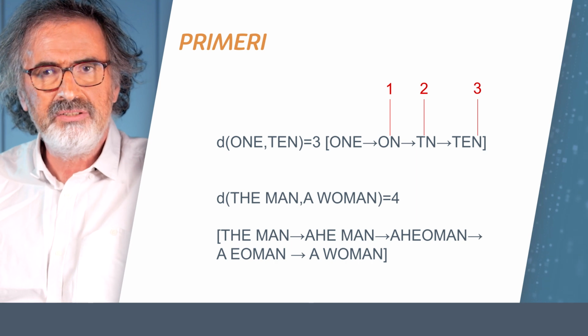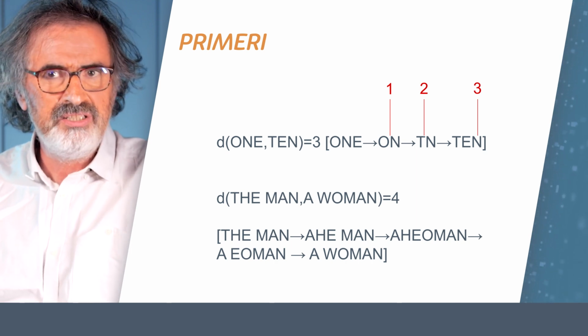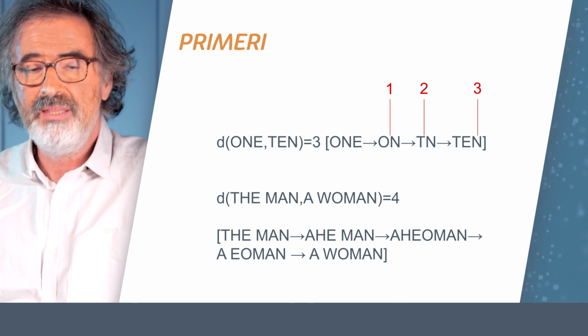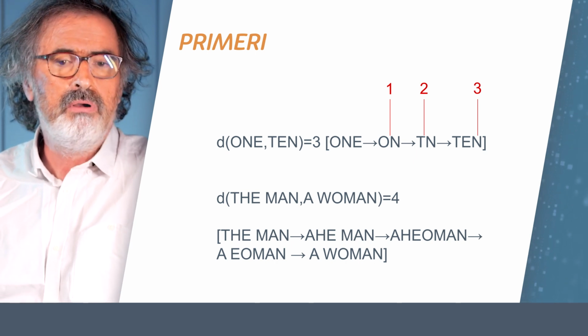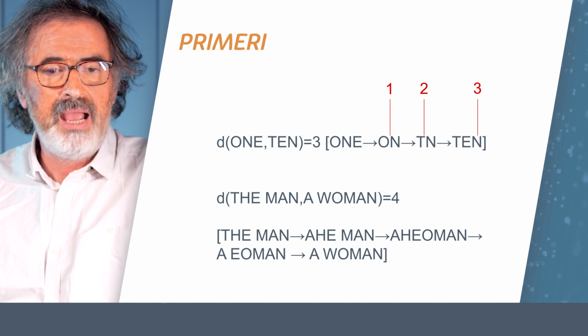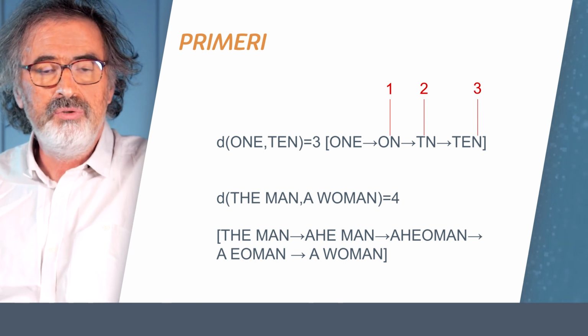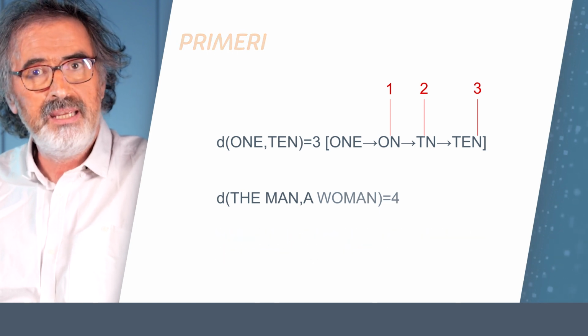Perhaps there is a better solution. Can you find it? No, you can't. There isn't a better solution. There are algorithms that allow us to find the optimal solution. And you can compute a more complex distance between the man and a woman and see in how many operations you go from one to the other. Notice here that the blank is taken as a letter.